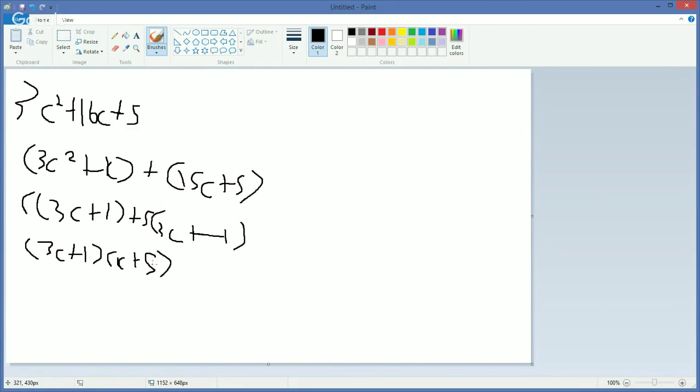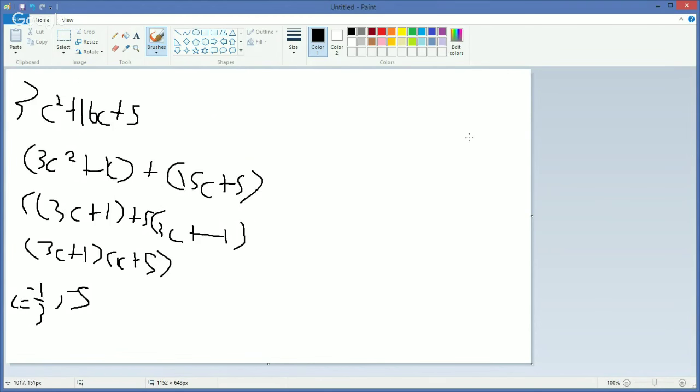Okay, now that I've got that, this should give the roots minus 1 over 3 and minus 5. So c equals minus 1 over 3 and minus 5.